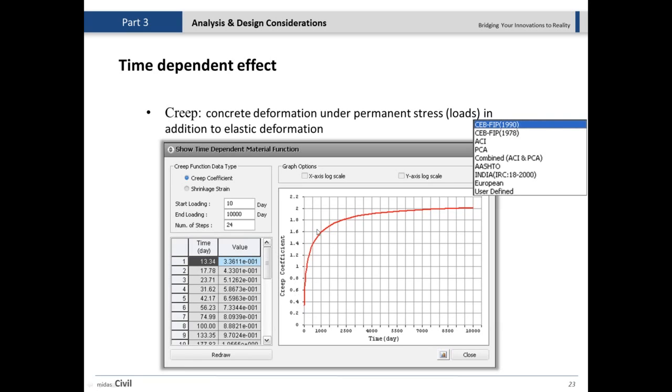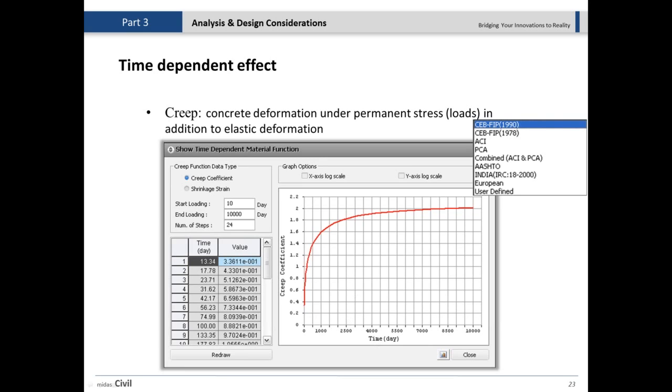And how do we define these creeps? There are several ways. You can get the creep coefficient curves from an actual test which has been done, for example, in universities. But for design, you don't need to go that far. You can use either the equations provided by AASHTO, ACI, PCA, or AASHTO also lets us use some codes like CEB-FIP 1990, which has pretty decent and well-accepted equations.